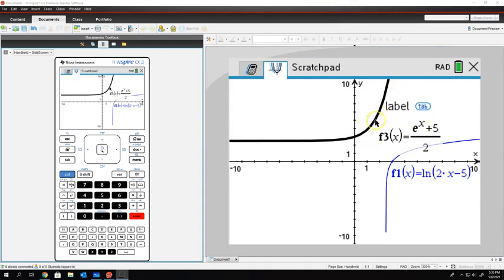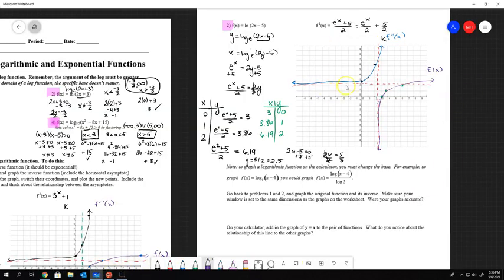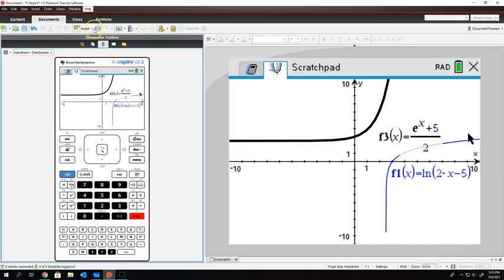The top one is the e to the x plus 5 over 2. That was our inverse. So here's what my graph looks like on here, and back on our paper, it looks pretty much the same, our inverse and our original function. It says also on our calculator to add in the graph of y equals x. So let's see what happens if we do that.